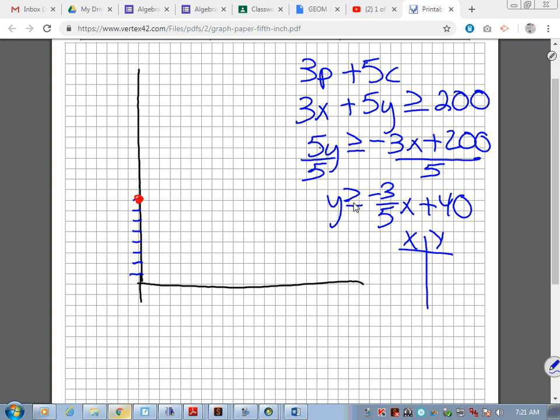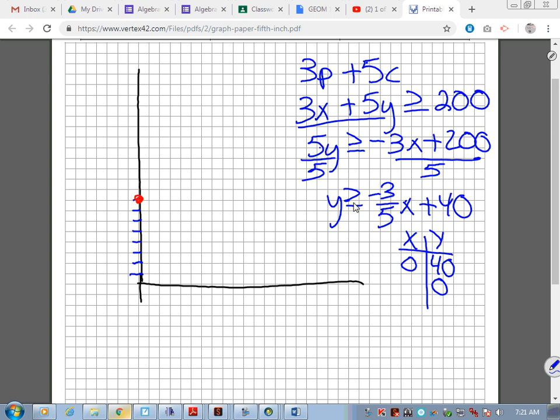Obviously where x equals 0, y would be 40. If I plug in 0 for y, I'm taking 200 divided by 3 in order to get my x-intercept.